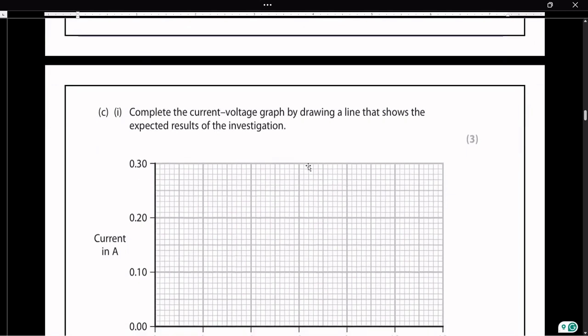Now let's see the next part of the question. Complete the current voltage graph by drawing a line that shows the expected results of this investigation. So let's see what is expected from this.